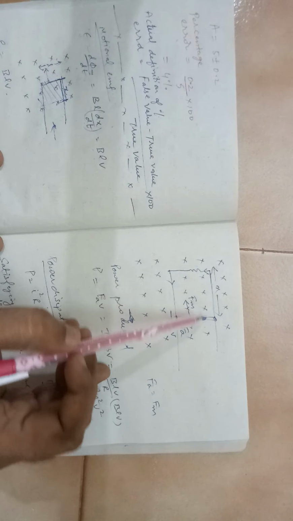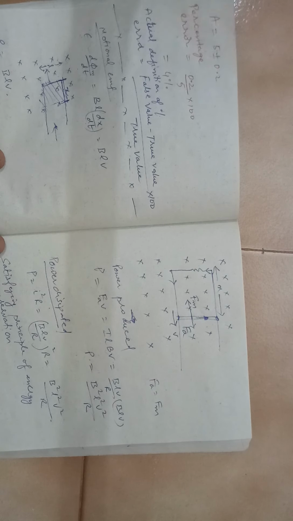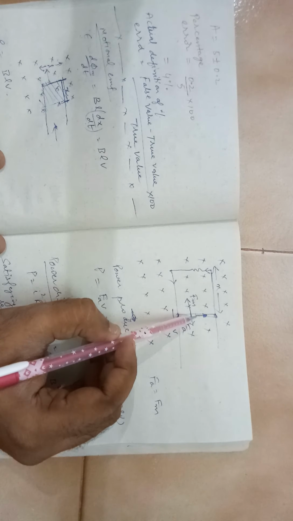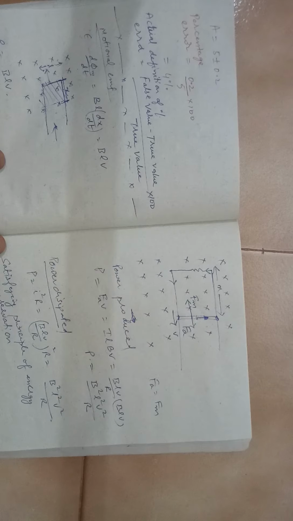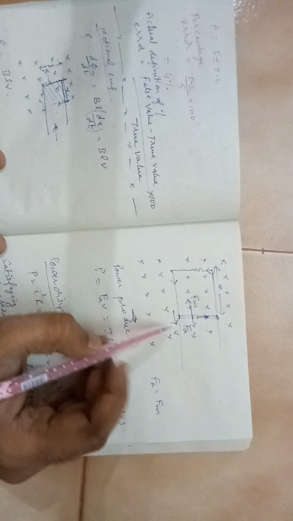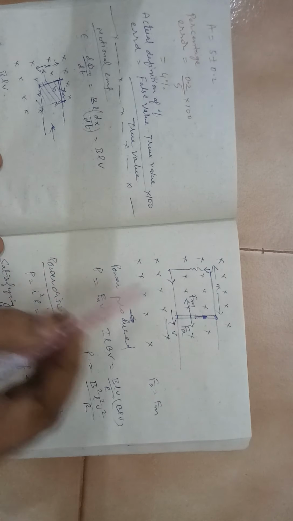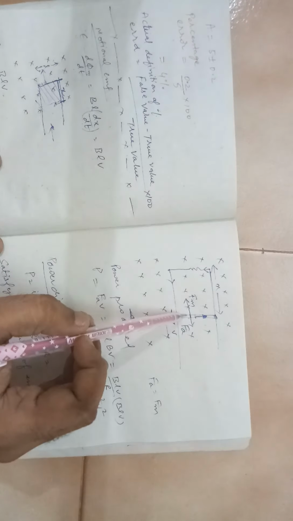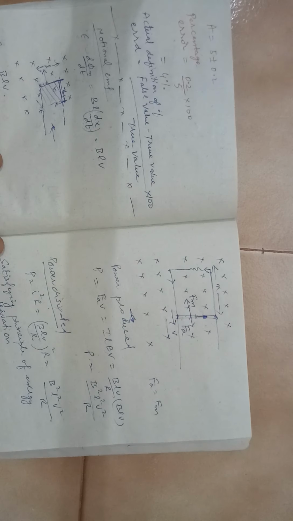Now see this frame which has been moved inside. What happens? You are rolling this cylinder with a force. Now this cylinder is going with a constant speed. If it is going with a constant speed, it means the net force must be 0 on this rolling cylinder.